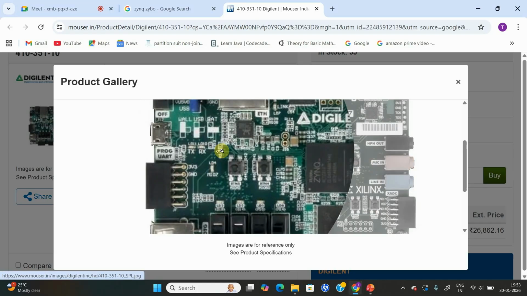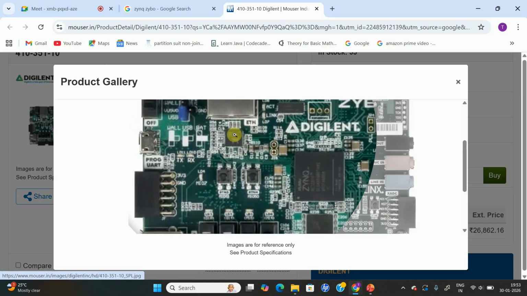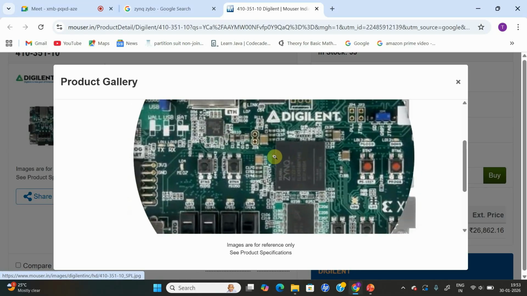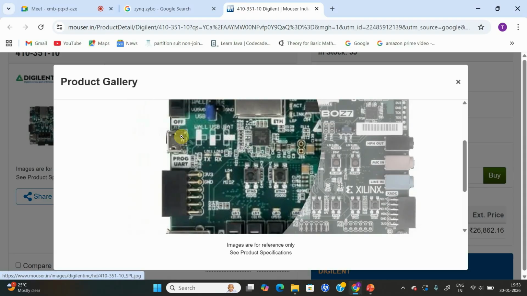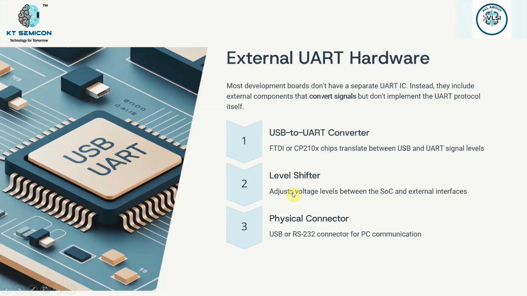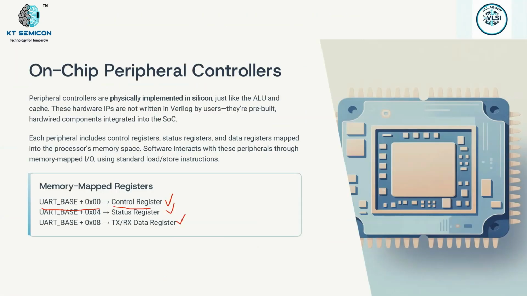I don't find that particular IC over here. Basically, it converts the UART signals from the processor to USB signals. Or we have something known as a level shifter or a physical connector like RS232 for PC communication. This is how you are going to control the IPs which are present in your processor.